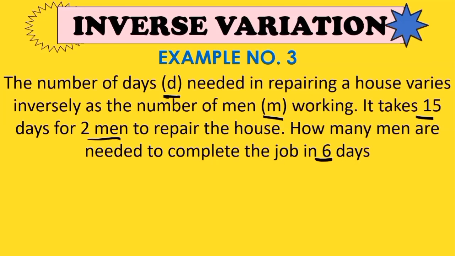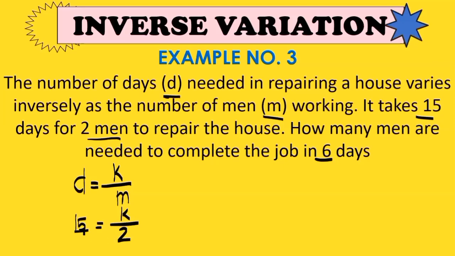Again, just like with the previous examples, translate the statement into a variation equation. So therefore, d is equal to k over m. It takes 15 days, so the 15 days is referred to as the d, for 2 men to repair the house.